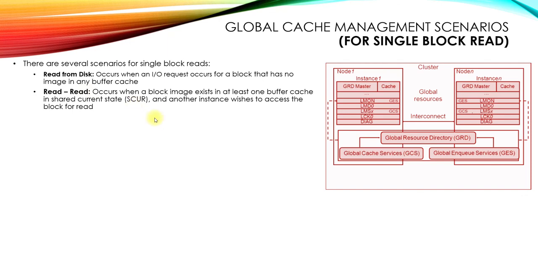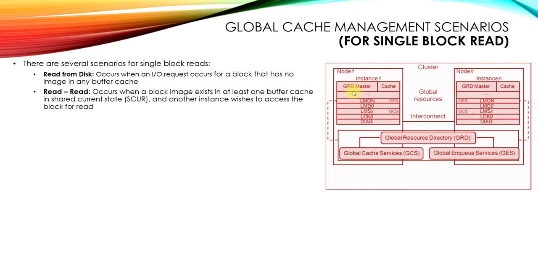Read and read. It occurs when a block image exists in at least one buffer cache in a shared current, and another instance wishes to access the block for read. Now this block is already available because some other user has requested it, and it's not moved out of the buffer cache.